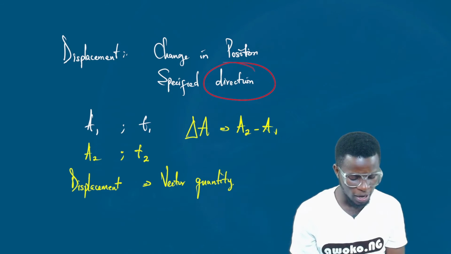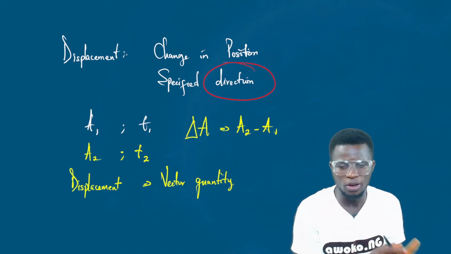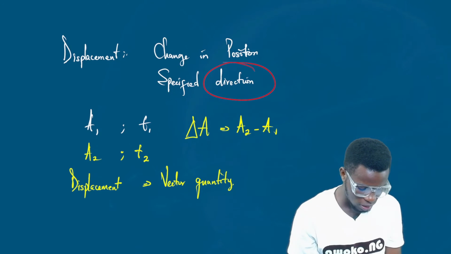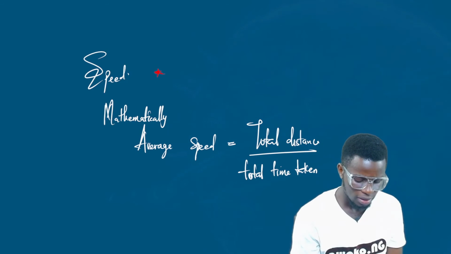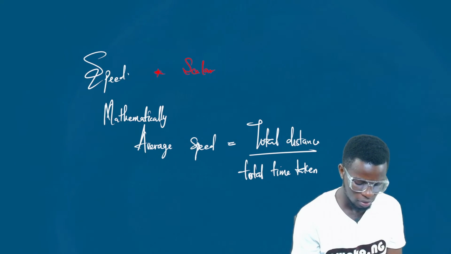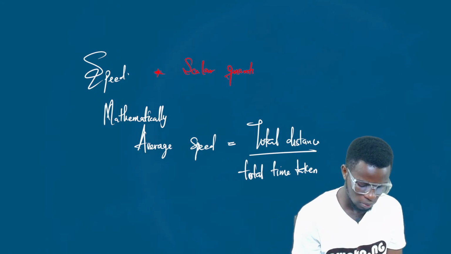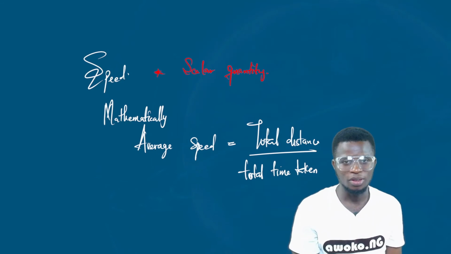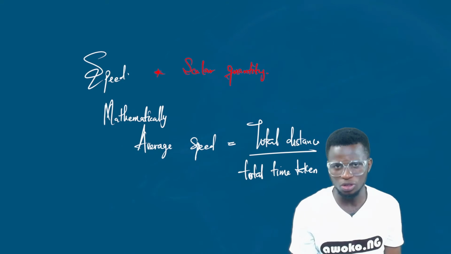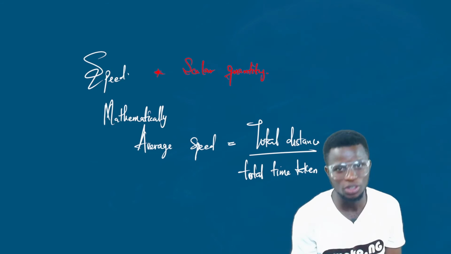Now, on the contrary, speed, like we saw here, is a scalar quantity, because all through our discussion about speed, we never put into consideration the direction.